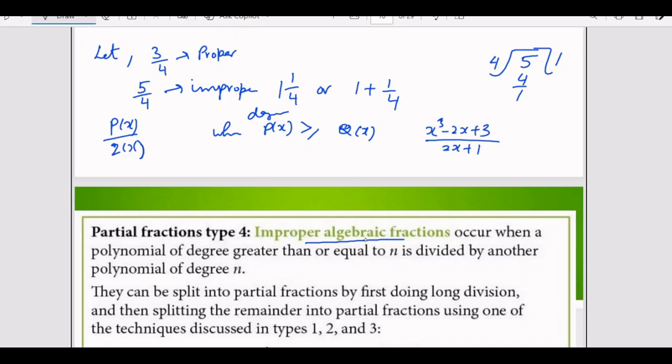The degree of the numerator is 3 and the denominator's degree is 1, x raised to power 1. So this is an improper fraction.